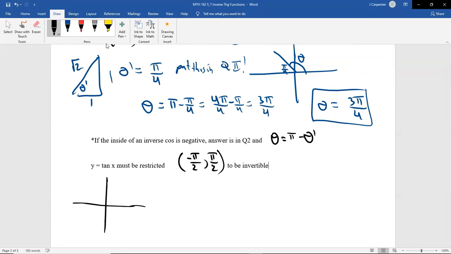So the regular tangent graph is what we're trying to draw. Remember, it looked like a cubic, and it had asymptotes at negative pi over 2 and pi over 2. If we drew this thing forever, it would just look like this, and then another one, and another one.